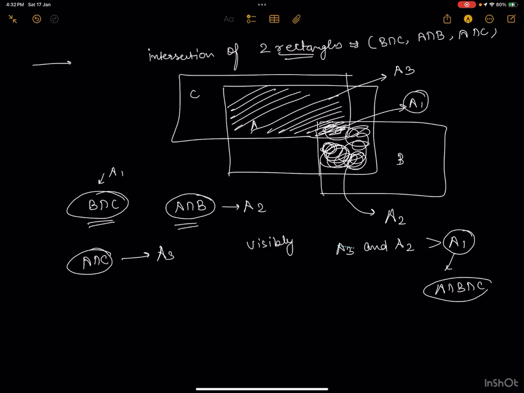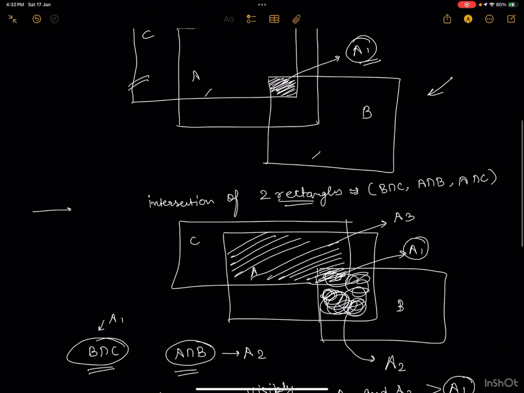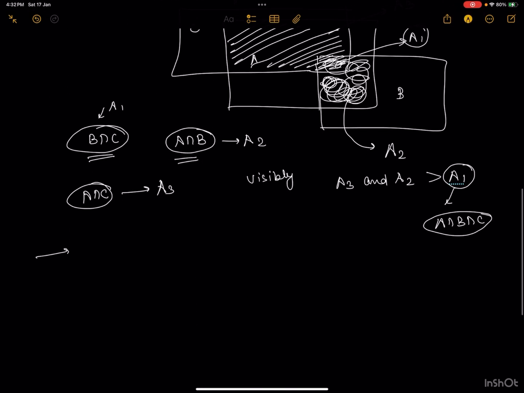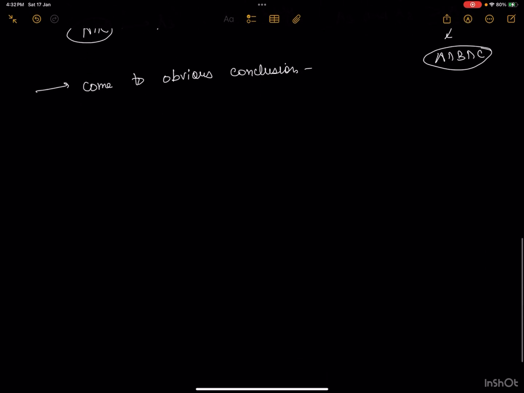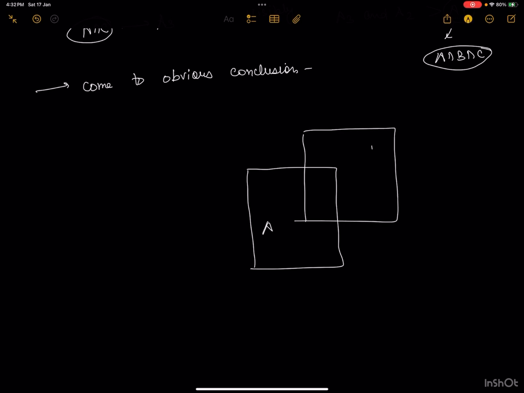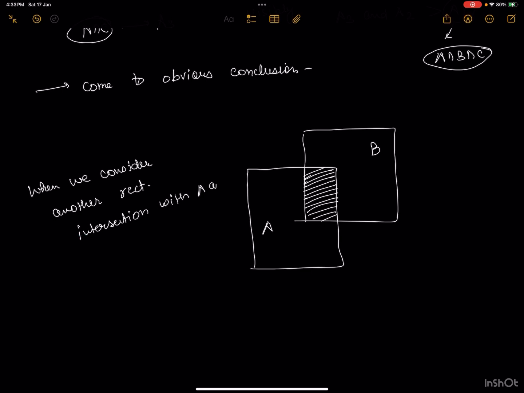So we come to an obvious conclusion that when we have two rectangles, let's say A and B, and this is the intersection of these two rectangles, in that scenario, when we consider another rectangle intersecting with A and B, that rectangle never increases the intersection area.